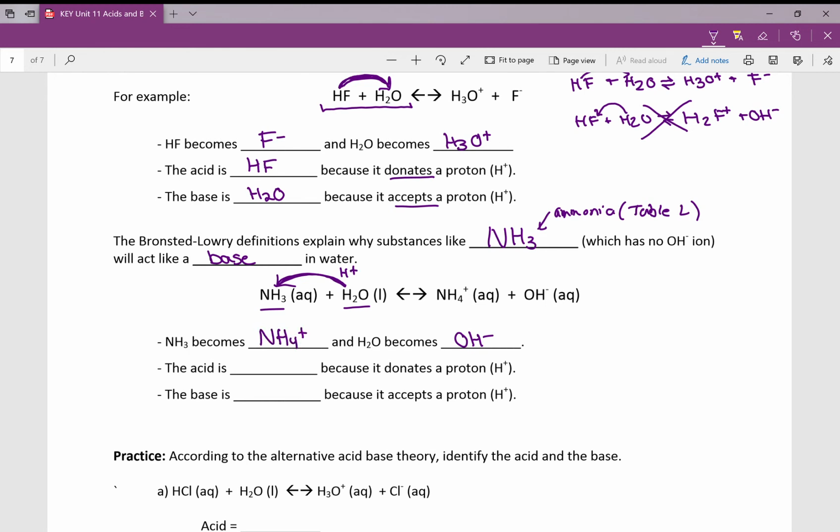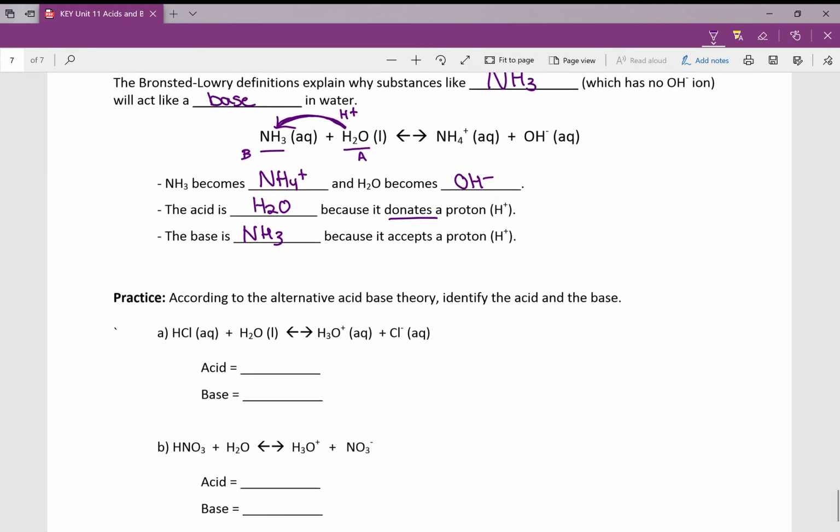So this is why we need the full reaction, because we have to see what they turn into to figure out the movement of the H plus. That means our acid has to be what donates the proton, so that would have to be water. So water can actually act as an acid or a base. And then ammonia, which is accepting the H plus, is going to be our base, NH3.